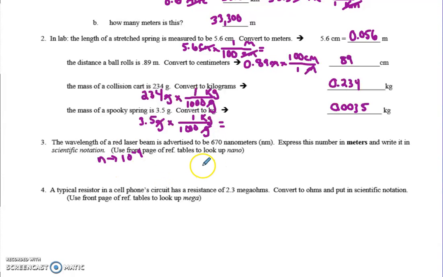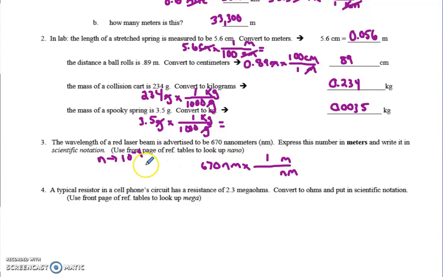Now this gets a little tricky because we have 670 nanometers. We're dealing with a really small number, and we're trying to get it into meters. So I put nanometers down below and meters up top. Once again, we're sticking with this system of putting 1 next to the bigger number.